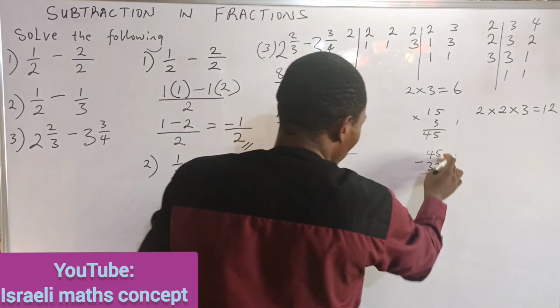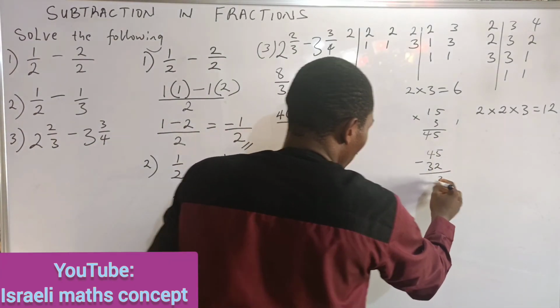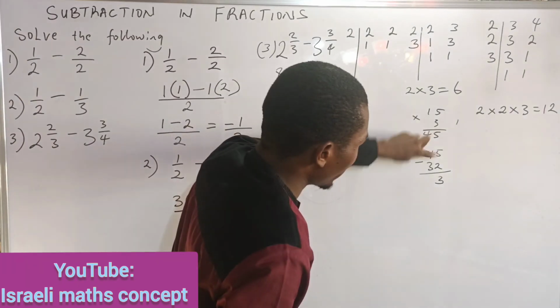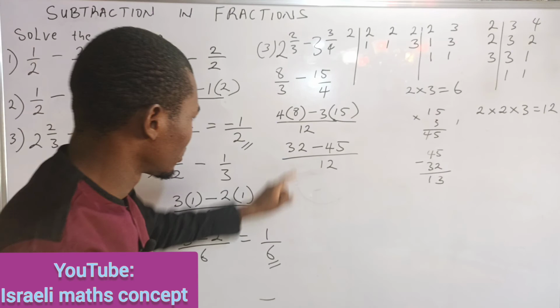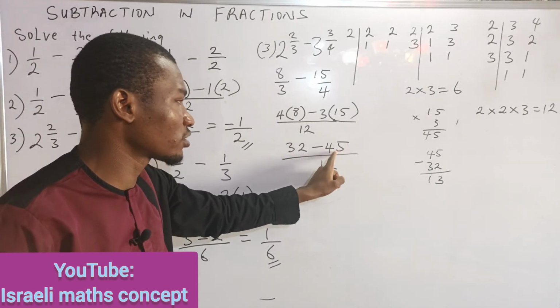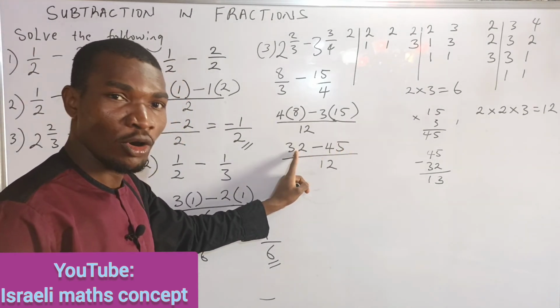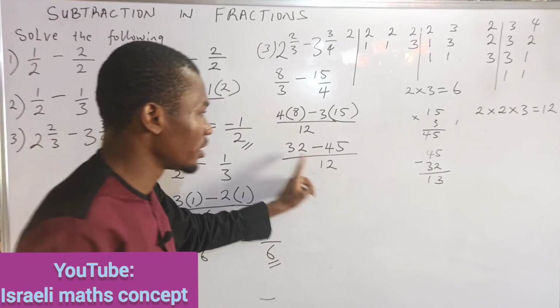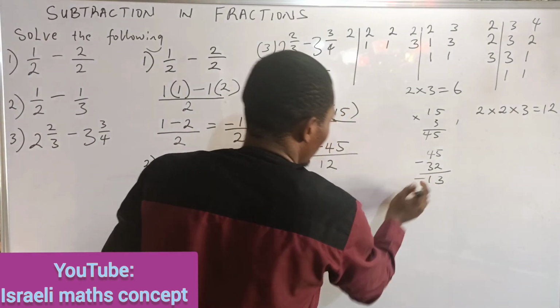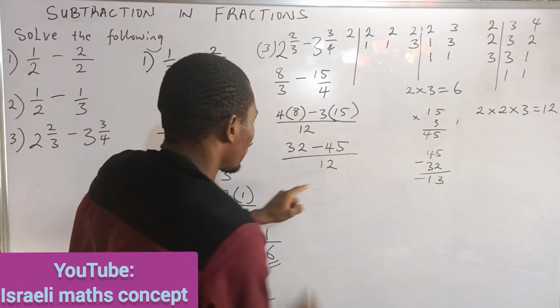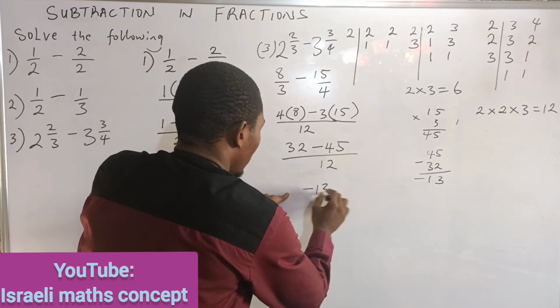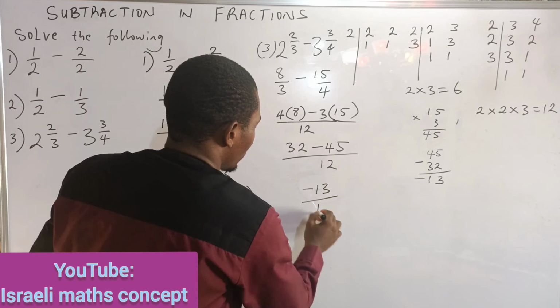So 5 minus 2 will give us 3. Then 4 minus 3 will give us 1. But because 45 is bigger than 32, automatically we are going to have a negative value. So we have negative 13. So 32 minus 45 gives us negative 13, then all over 12.